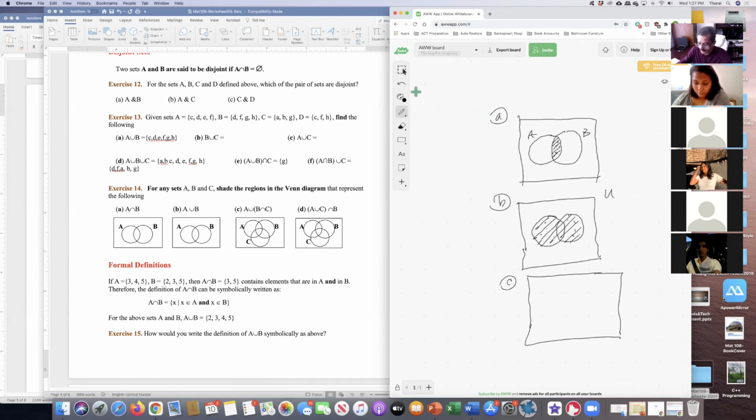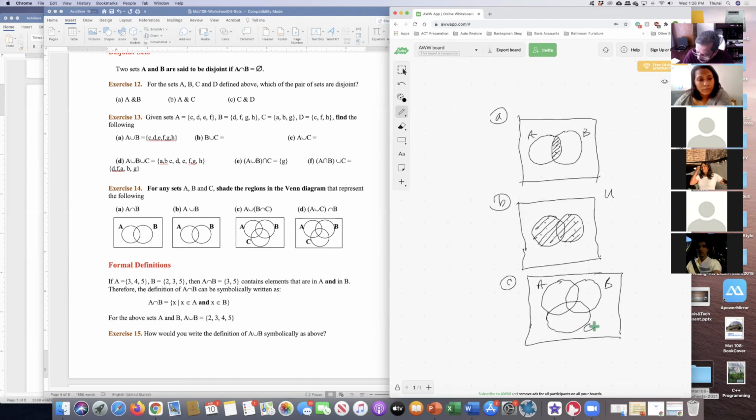There are 3 sets involved now, so I will let them all intersect unless the problem says otherwise. This is A, B, and C. We're doing part C, which is A union B intersection C.